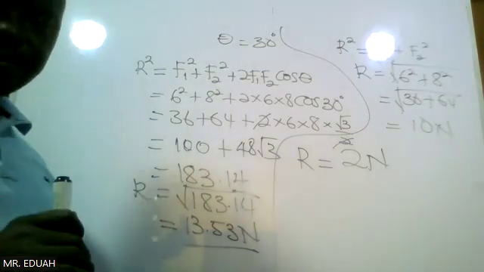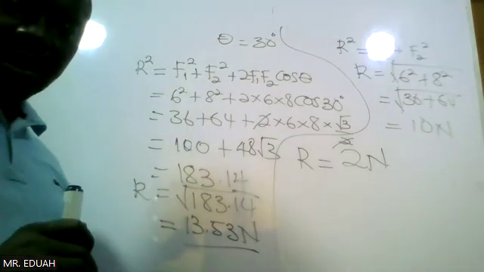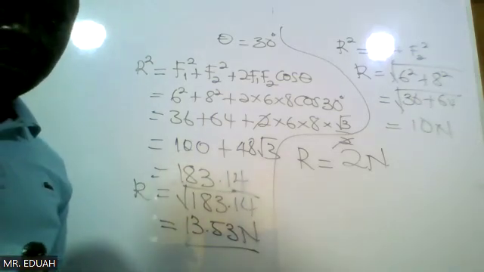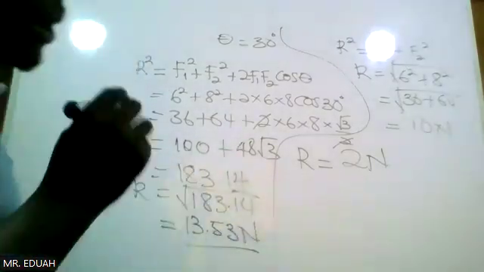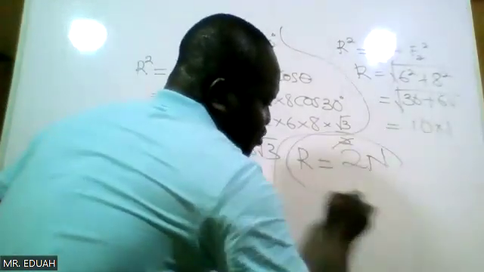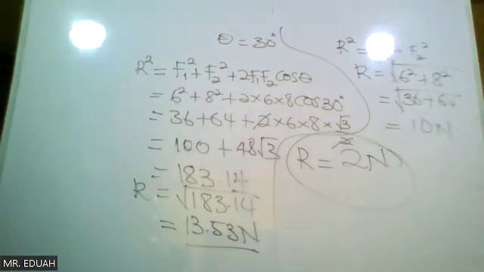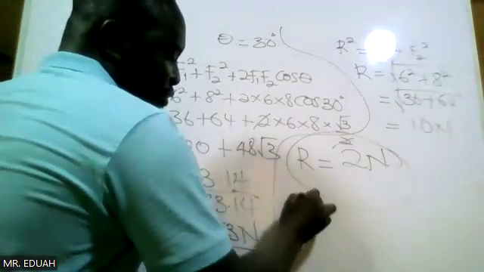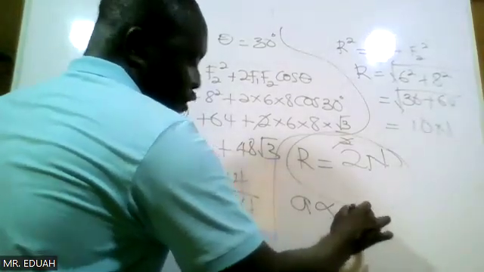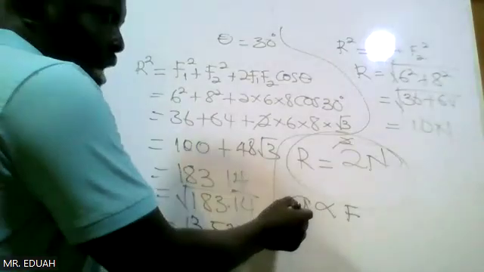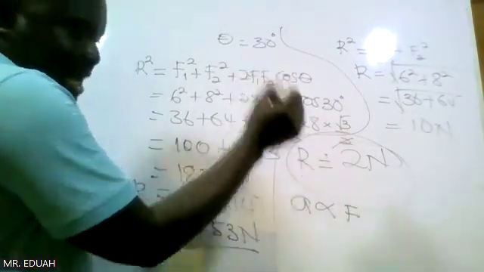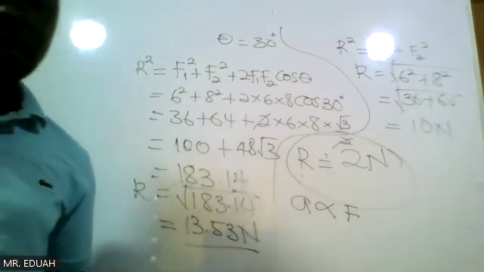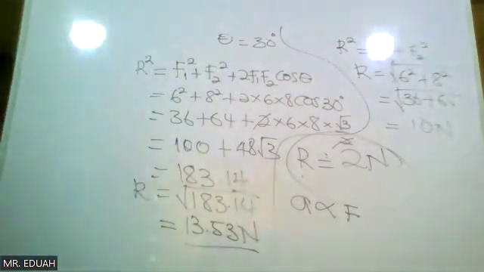Let's hurry up with our responses. 14 Newton. So when you look at it, D seems to give us the least resultant force. And since acceleration is directly proportional to the force, this one will give us the least acceleration because it is producing the least resultant force. That is the solution.